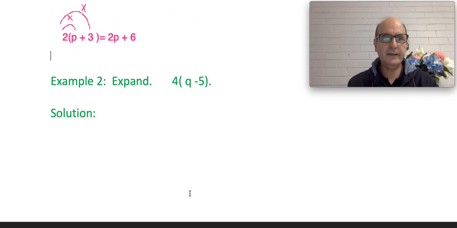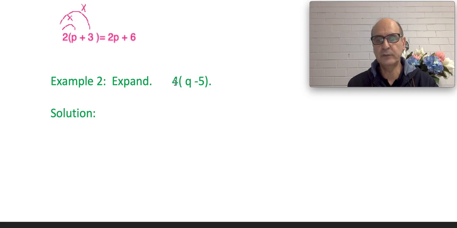What if you had a minus in the bracket? So here you have 4 times bracket q minus 5 close bracket. How do we do that? Again, the rule is the same. You times 4 by q and you times 4 by 5. The only difference is you have a minus between them.